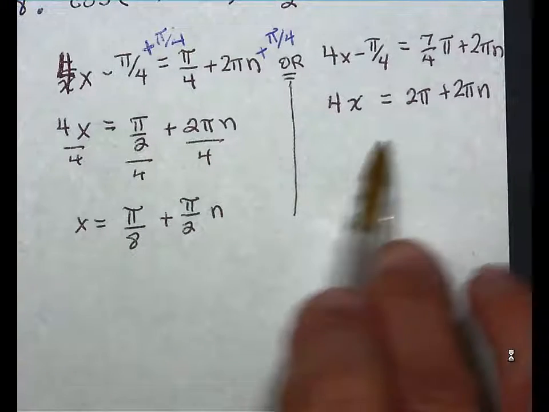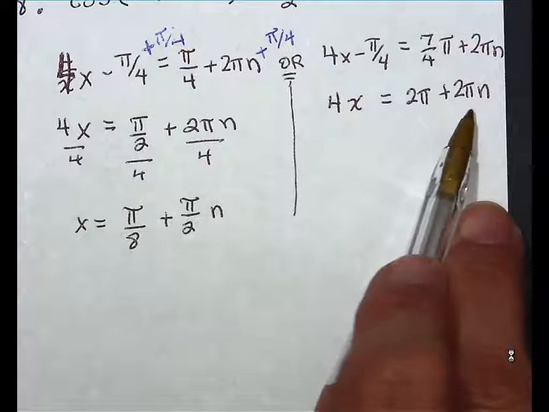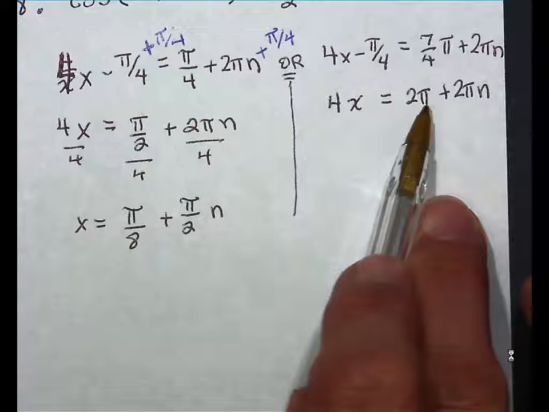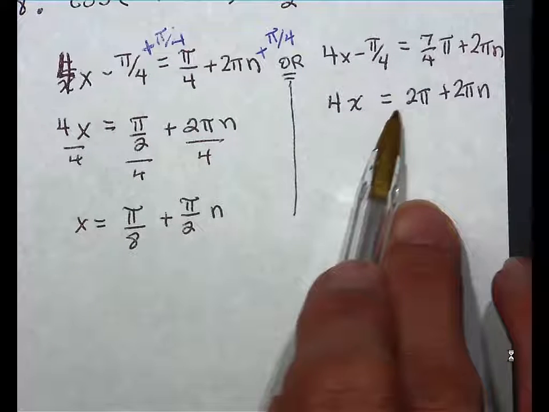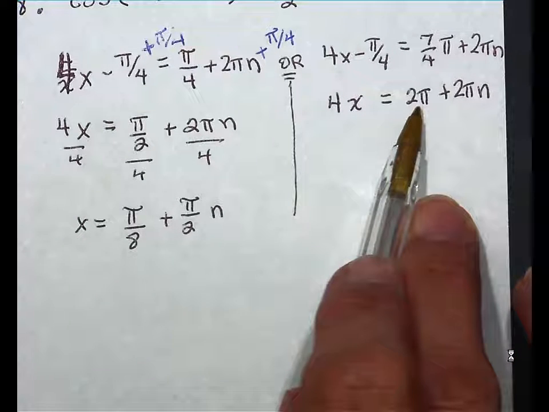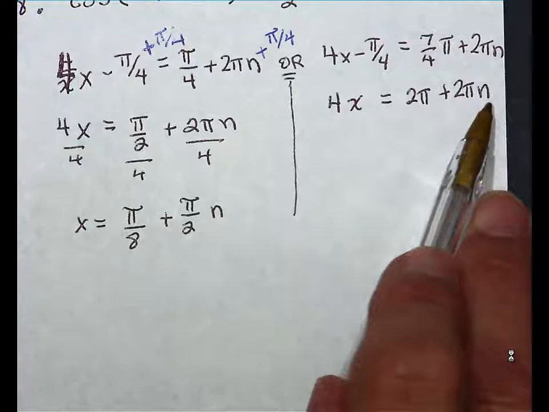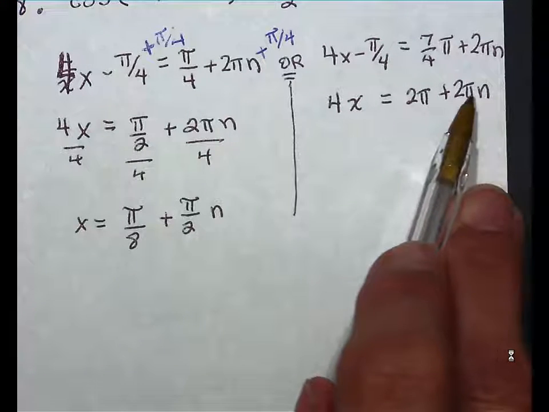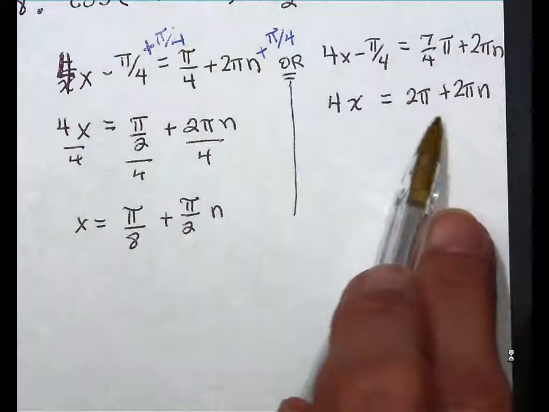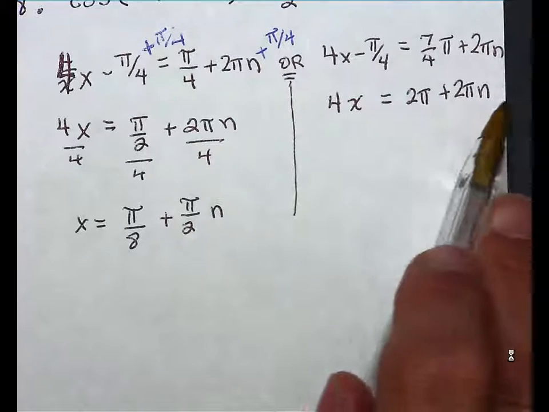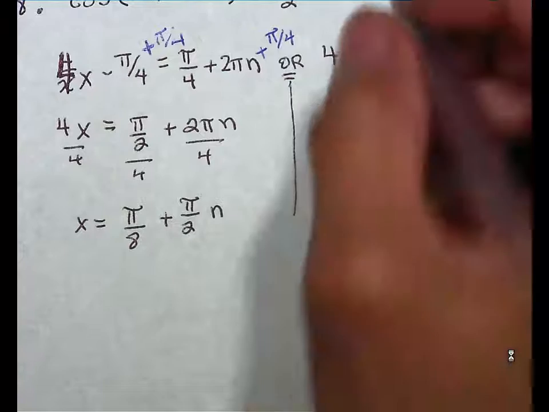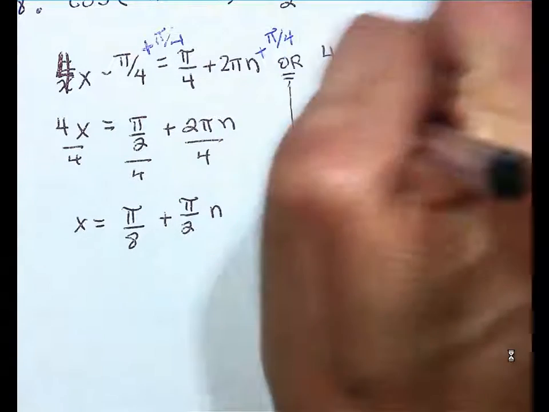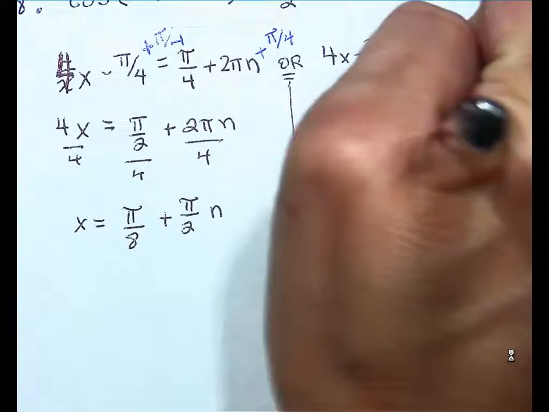There's a simpler way to write that. This is okay, but if I'm going to be adding multiples of 2 pi to 2 pi, that's just multiples of 2 pi. If n is 0, then 4x would be 2 pi. If n is 1, then 4x would be 4 pi. That's just multiples of 2 pi.